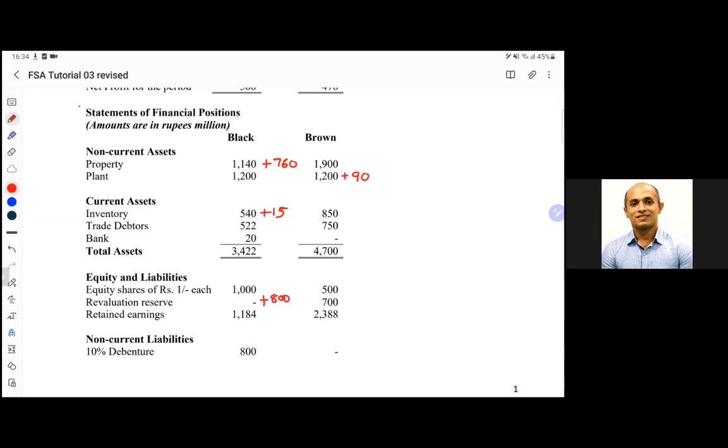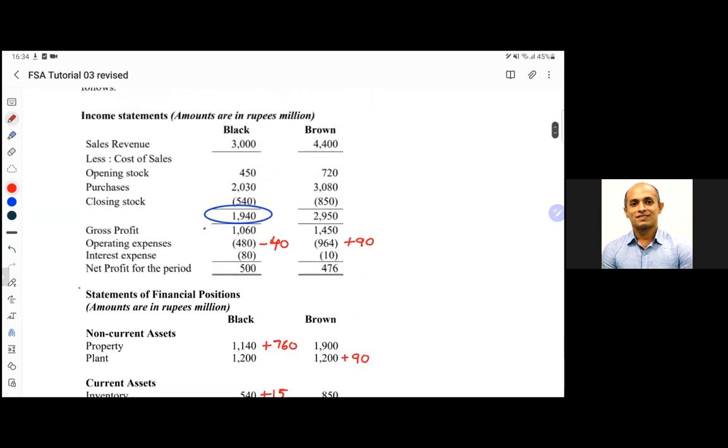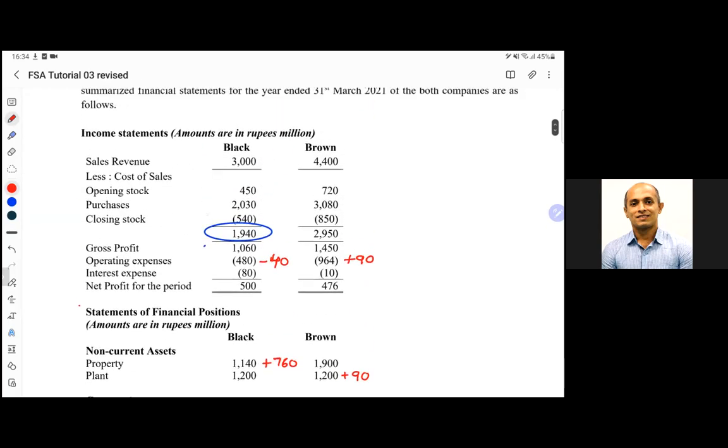Then black inventory is at current price. So we have adjusted for black. Black cost of sales is okay because it's on LIFO basis. This is at current price. That's okay.